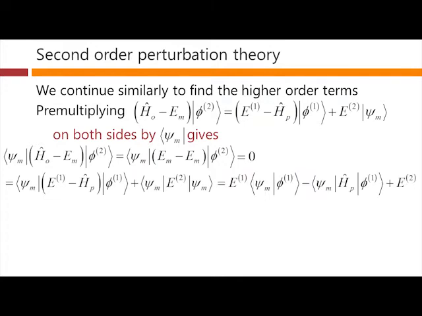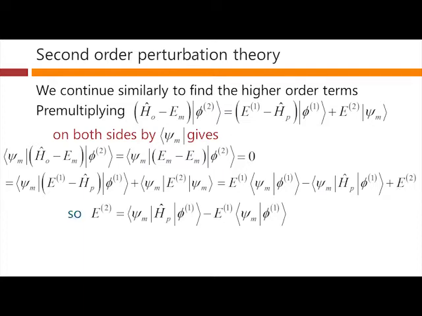Well, this here, the E1 with these two terms here, is E1 ψm φ1. We have minus ψm HP φ1. That's this term. And of course, ψm E2 ψm. Well, ψm is just 1 and E2 is just a number. So this is E2.